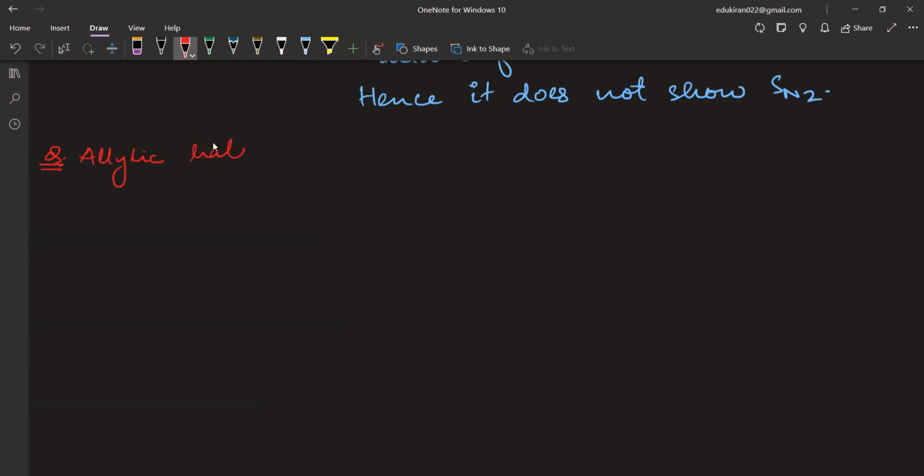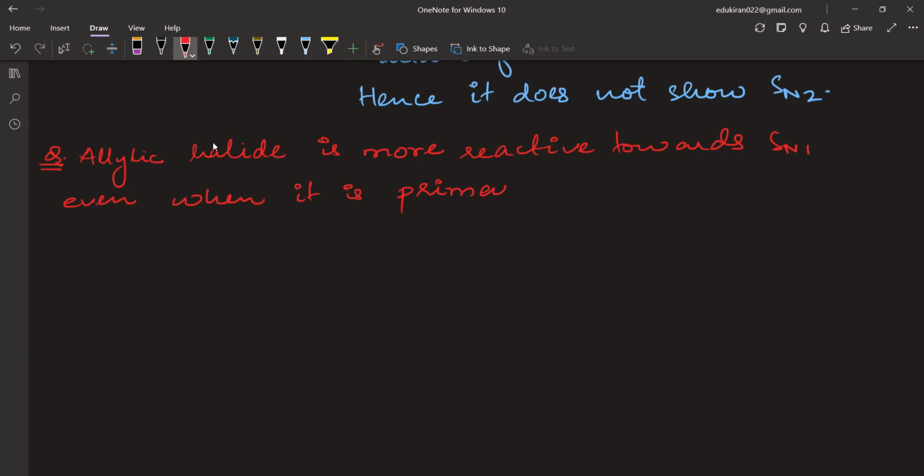Allylic halide is more reactive towards SN1, even when it is primary.